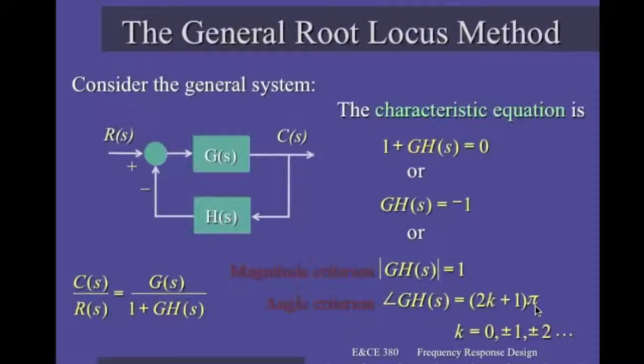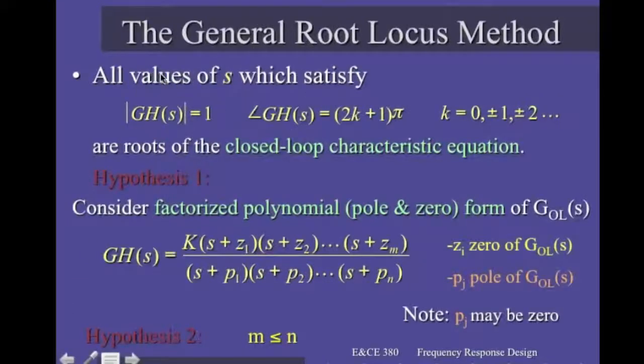So the angle cannot be precisely located, because it can be located considering an even number of times the whole plane is run. All complex values of S which satisfy both the criteria at the same time are roots of the characteristic equation, and as a consequence, poles of the closed loop system.